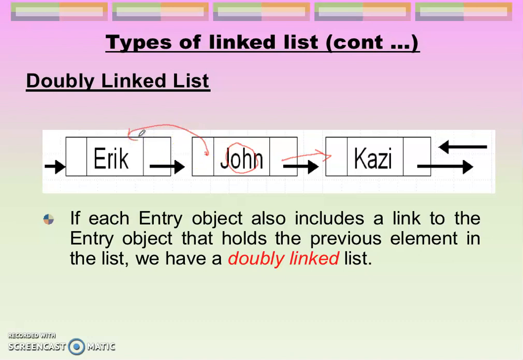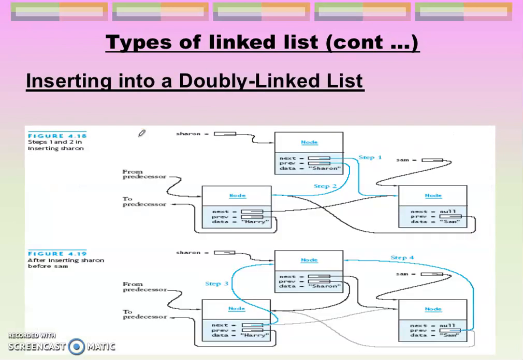So it is a bit messy, what we call messy, with the links. Once you want to draw it, the diagram will be more messy because we have many links that we need to put in our diagram. Okay, this example looks difficult, but basically we just need to understand the concept of doubly linked list itself.